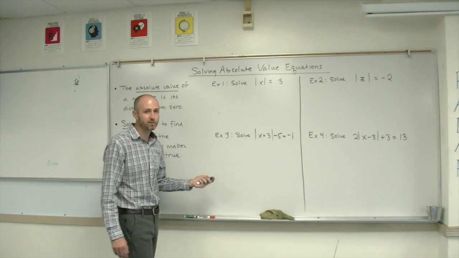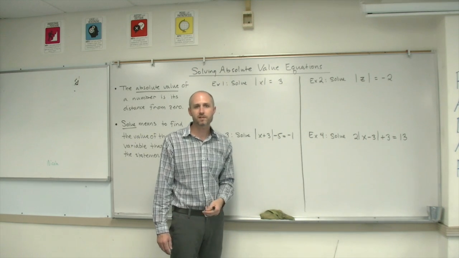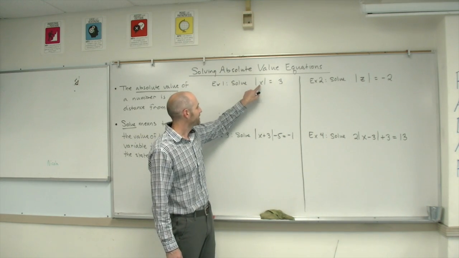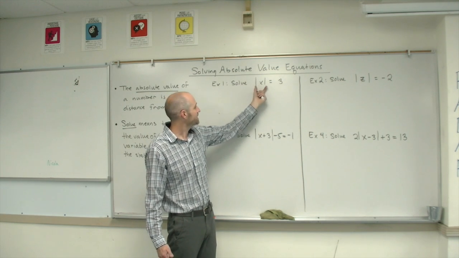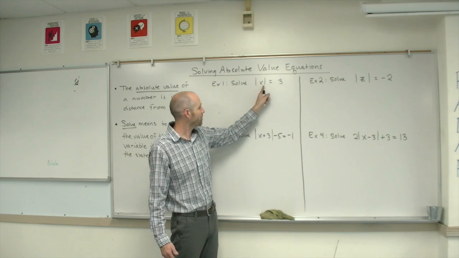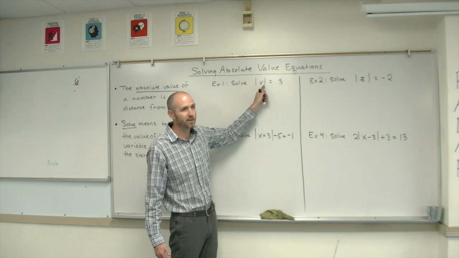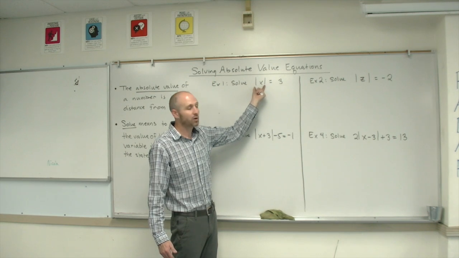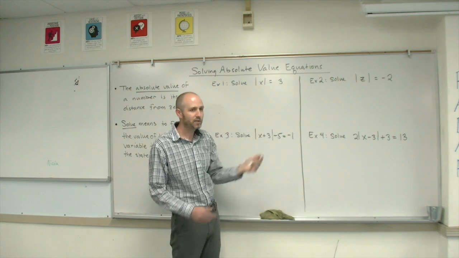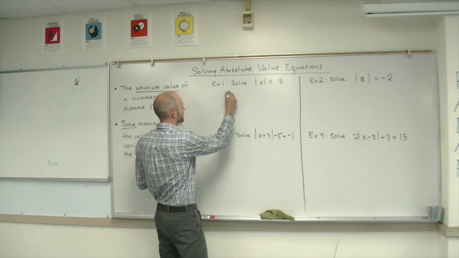So x is a variable. A variable is a letter that represents a number. So here we have an unknown number. But what we do know about it is its distance from 0. These vertical bars are what we use to denote the absolute value, distance from 0. We know that the distance from 0 of this unknown number is 3. Well, if you think about it, what does that mean?